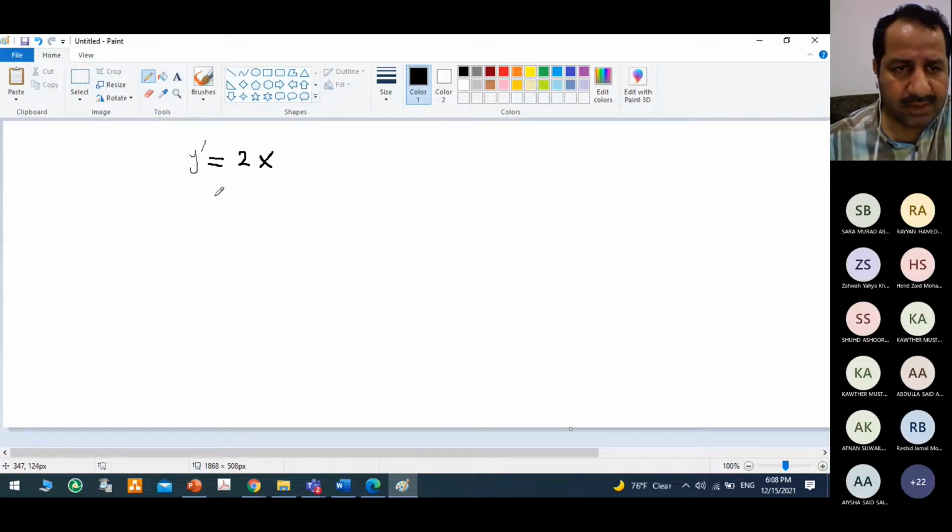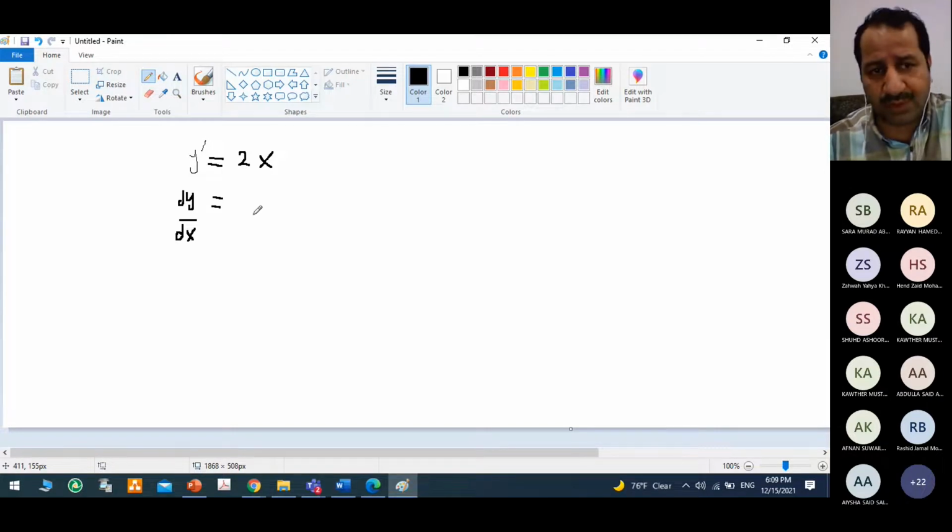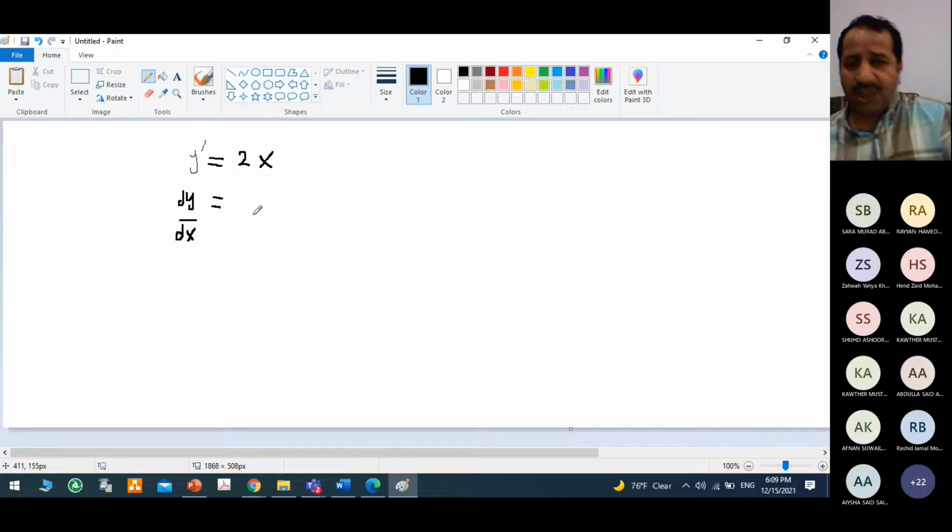This means y dash is dy over dx. Excellent. So d means differentiation of y with differentiation of x. It means the rate of change of y with respect to x. It means slope, gradient. It means y2 minus y1 over x2 minus x1, the change in y from one position to another position with respect to the change in x.